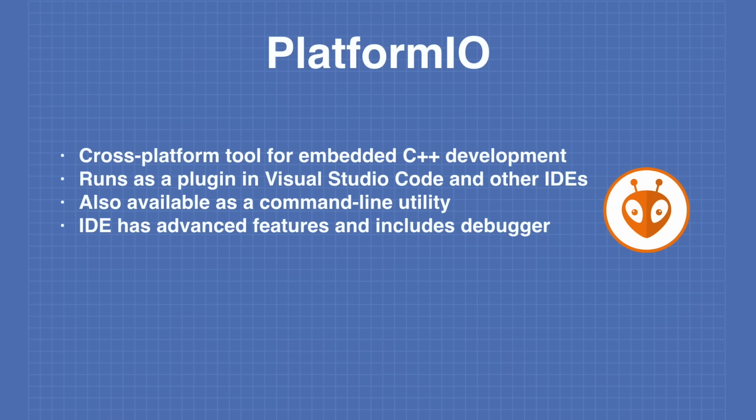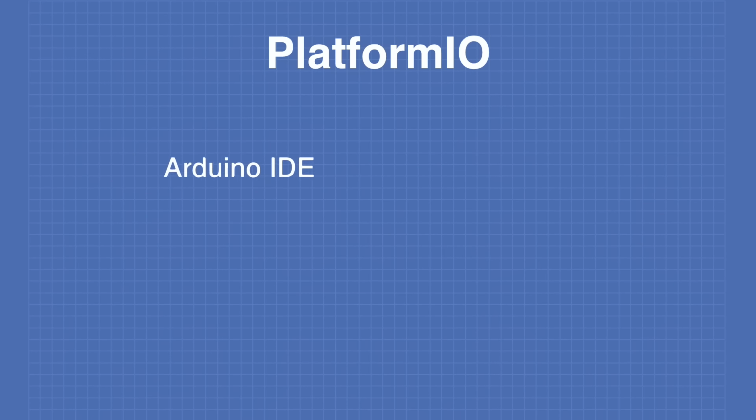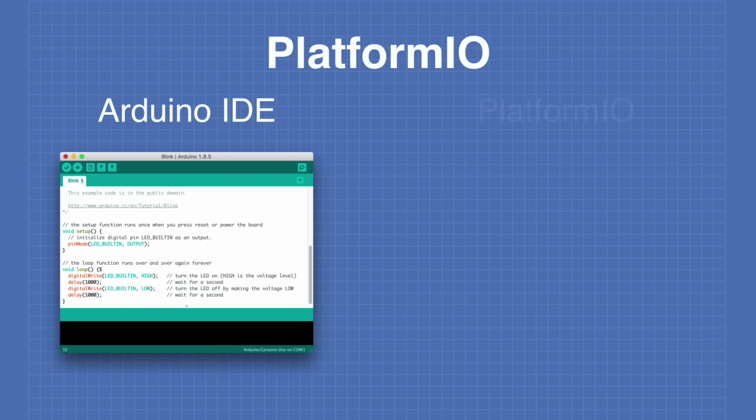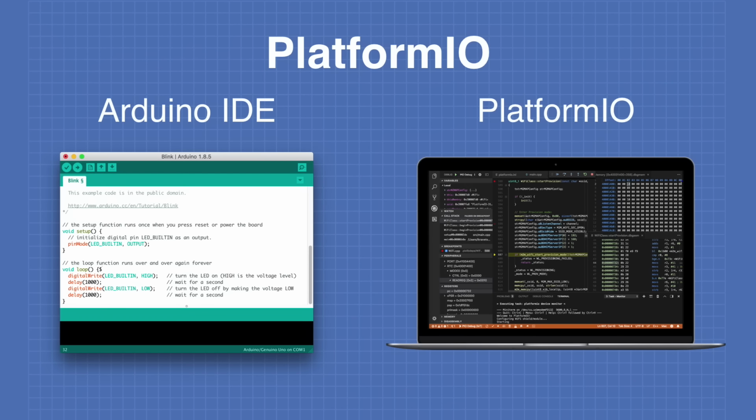Because it runs under VS Code, the IDE has advanced features and includes a debugger. PlatformIO is much more capable than the Arduino IDE, but it does have a steeper learning curve. Today we're going to make several comparisons between the Arduino IDE and PlatformIO, but before we do, it's a good idea to review exactly what an IDE is.